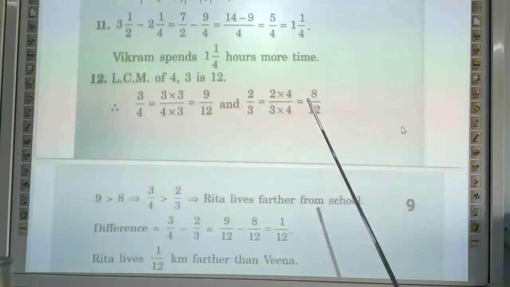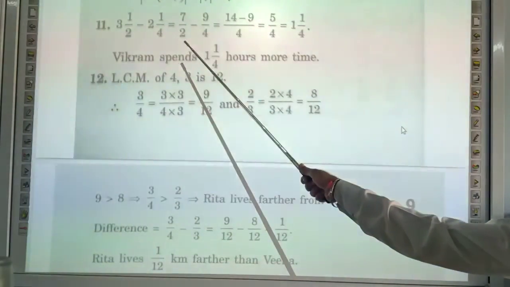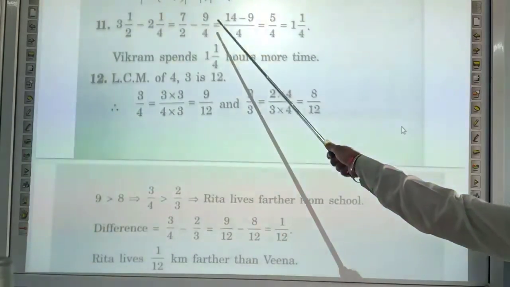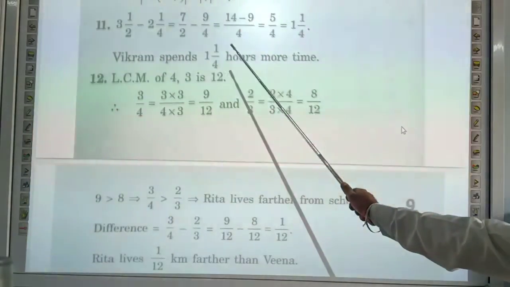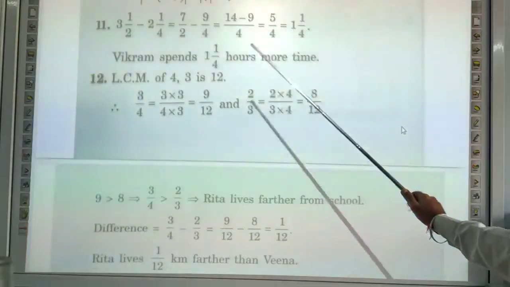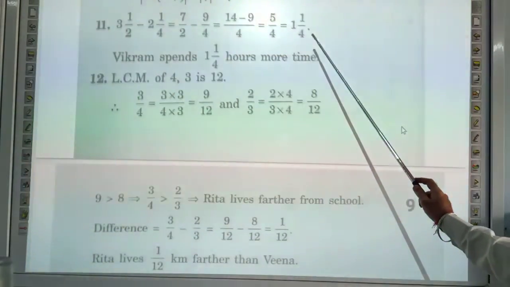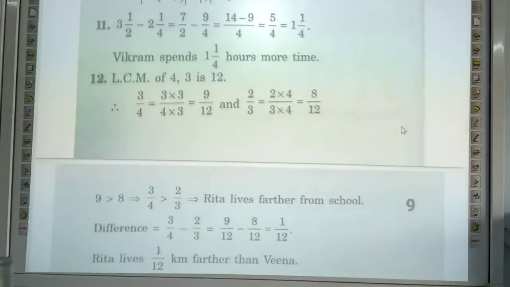So how much more means we have to subtract. So 2 1 upon 4 is subtracted from 3 1 upon 2, that is 7 upon 2 minus 9 upon 4. On taking LCM we get 14 minus 9 upon 4, which is 5 upon 4, and on converting it into a mixed fraction we will get 1 1 upon 4, which means that Vikram spends 1 1 upon 4 hours more time than her sister.